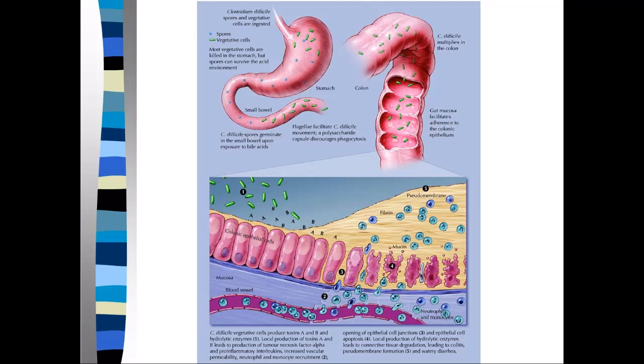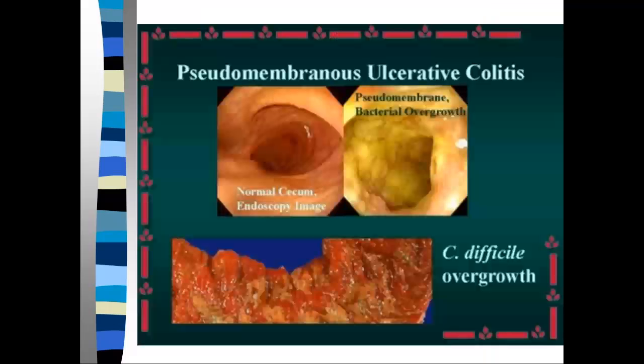So I just put this up for clinical pathologic correlation of the effects of Clostridium difficile on the large bowel. And we can see the role of toxins A and B and hydrolytic enzymes, and the process by which toxin A and B produce lysis of the lining of the colonic epithelial cells, dysfunction of the bowel, and so on and so forth.